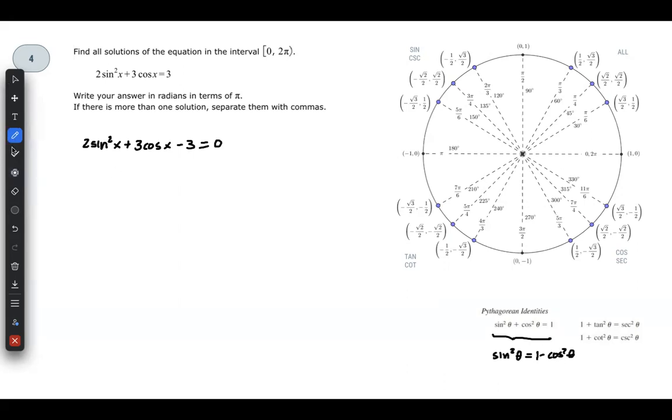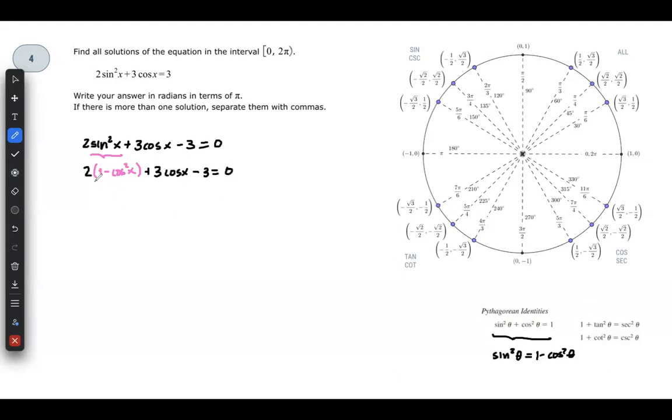So that is what we're gonna be doing next. So instead of having sine squared, I'm gonna turn it into a 1 minus cosine squared of x. I did not alter the equation. I simply used an identity that allows me to have everything in terms of cosine. I'm gonna keep the rest as it is.